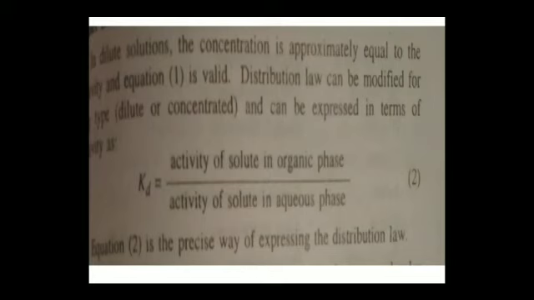Other definitions: in dilute solutions, concentration is approximately equal to activity. So distribution law can be used for dilute solutions. Kd is equal to activity of solute in the organic phase to activity of solute present in the aqueous phase.